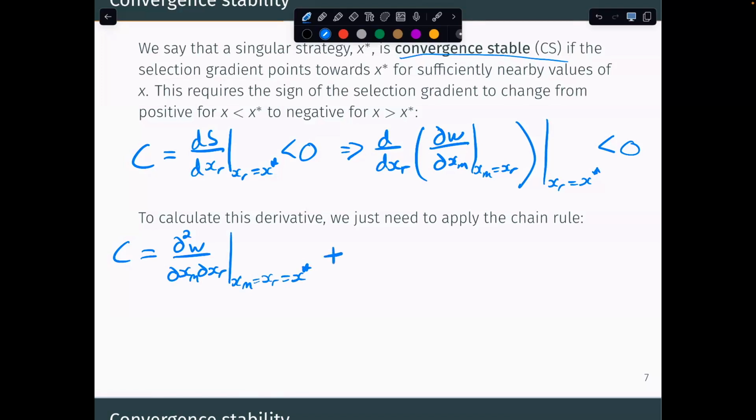And then we need to add to this our second order partial with respect to xm, again evaluated at this singular strategy, and then multiply that by the derivative of xm with respect to xr when xm is equal to xr. And this all has to be negative.